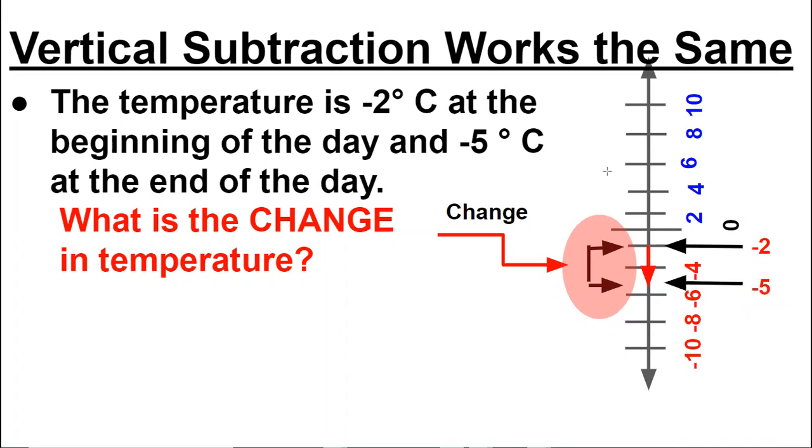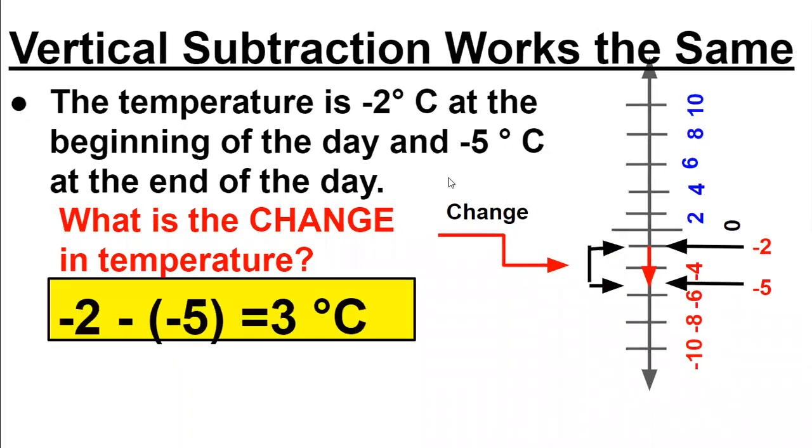So we're really going -2 minus -5, right? Okay, let's clear. Let's see what happens. -2 minus -5 equals 3 degrees Celsius.